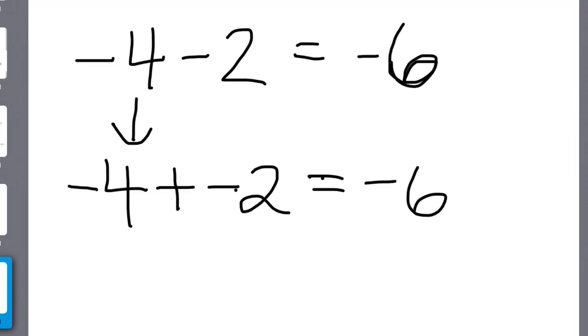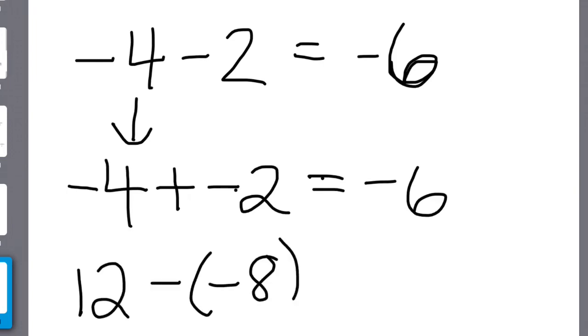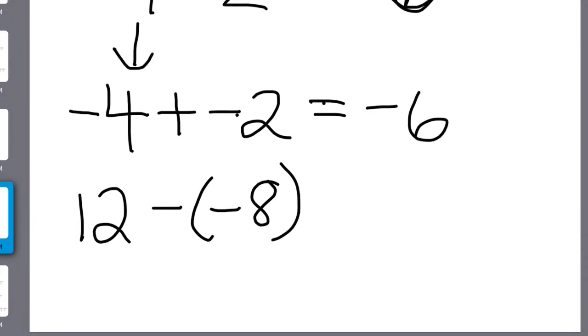Let's look at another example using keep, change, flip. Let's do 12 minus negative 8. We are going to keep the first number 12. We are going to change the subtraction sign to addition. We are going to flip negative 8 to its opposite, which is positive 8.